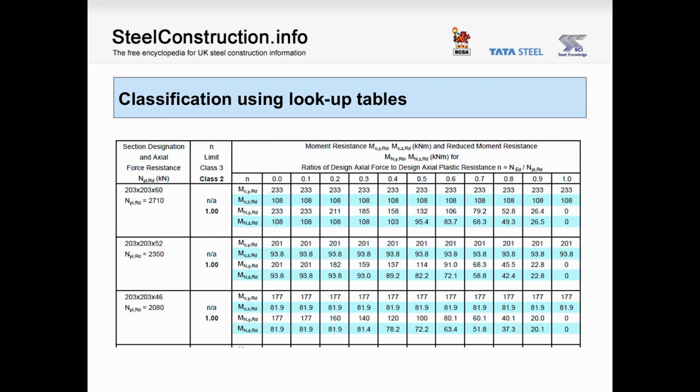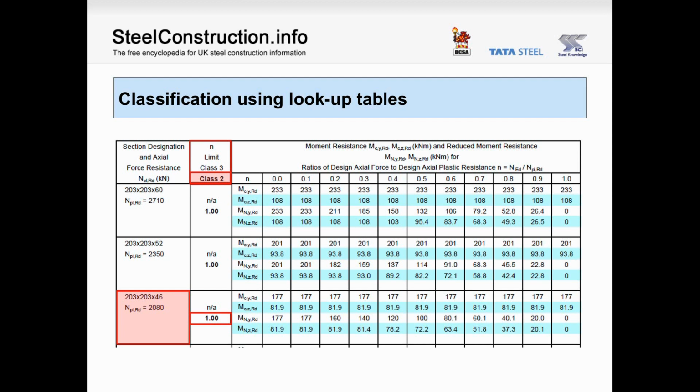Classification would be simpler if we used the lookup tables. So the highlighted column shows ratios at which, at certain levels of axial load, our section becomes not class 2 or not class 3.